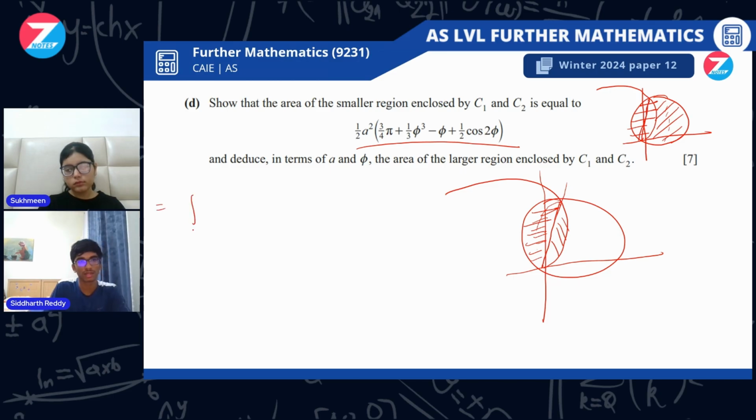So we can write it like this. It's equal to the area from 0 to phi of the spiral, so that's a theta. When we're taking the polar coordinate integral, we have to multiply by half and square it. So half integral d theta, plus the integral from phi to this angle.